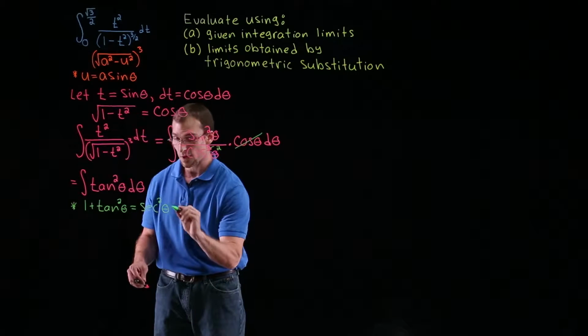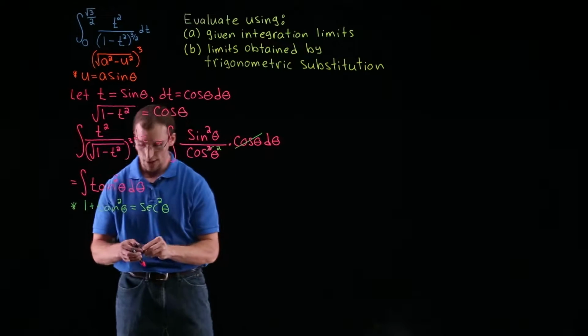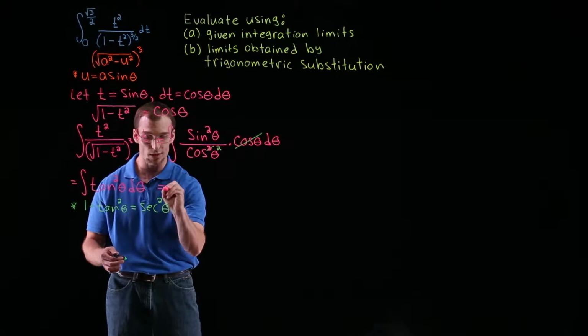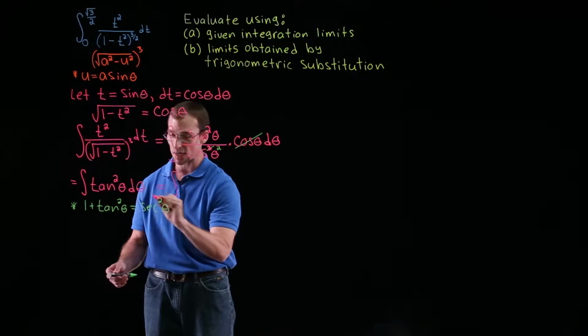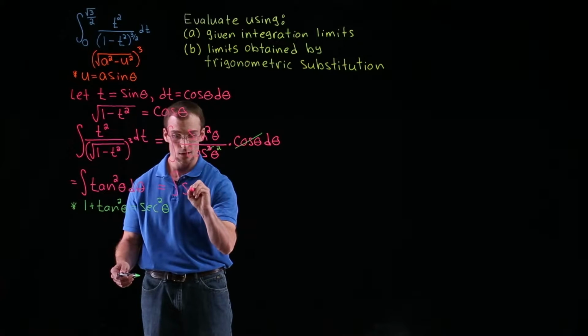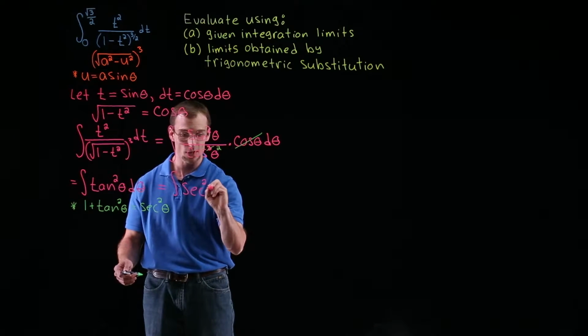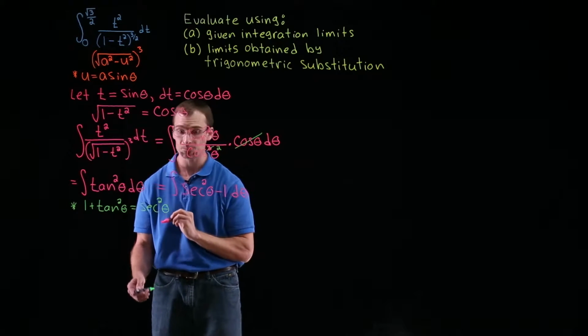And how does this help us? Well, we know we can take the antiderivative of secant squared, which is equal to tangent. So we can actually rewrite this integral of tangent squared. What would tangent squared be equal to? If we subtract 1 from both sides, we have the integral of, instead of tangent squared, secant squared of theta minus 1 d theta.